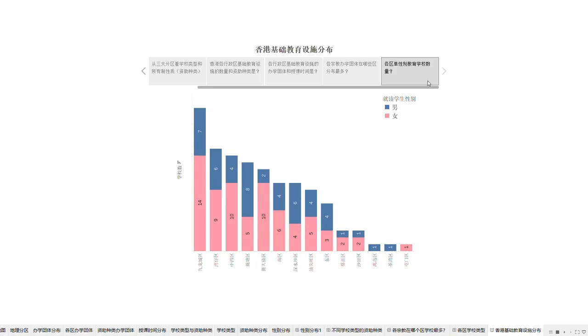For example, the first bar, the Kowloon Town district, has 14 girls' schools and 7 boys' schools, followed by Wanchai district, Central and Western district, and also the Kwun Tong district. So this graph basically shows single-sex education in Hong Kong.